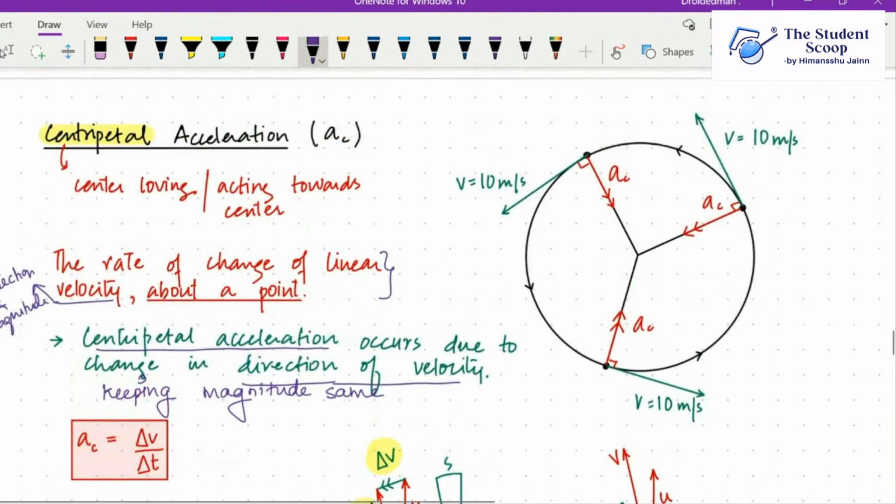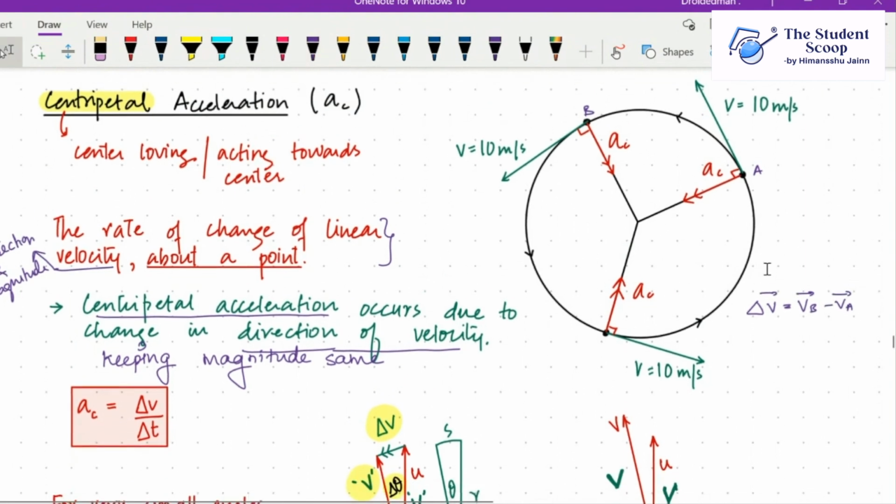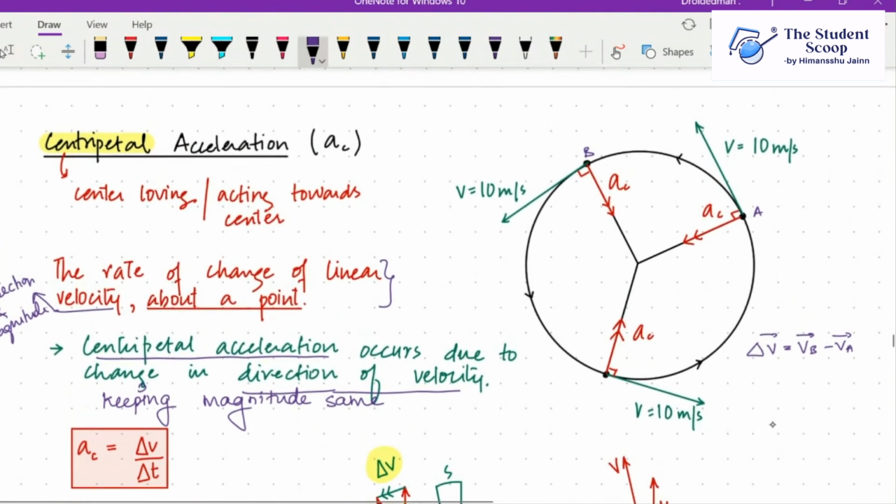So, for example, if I consider these points A and B, throughout this motion, if I want to find the change in velocity vector, it will be velocity B minus velocity A, and these are vector quantities, so they won't subtract or add in a normal way. So we need to draw a vector diagram. Let's say VB is like this.